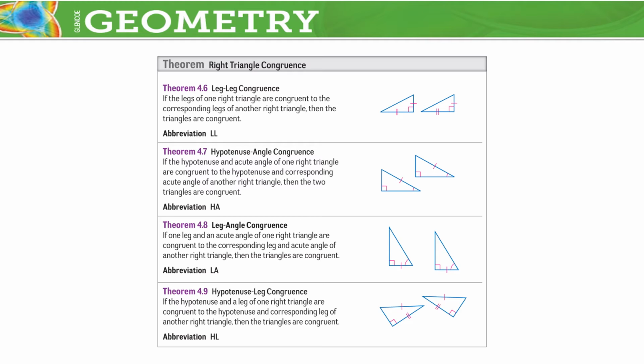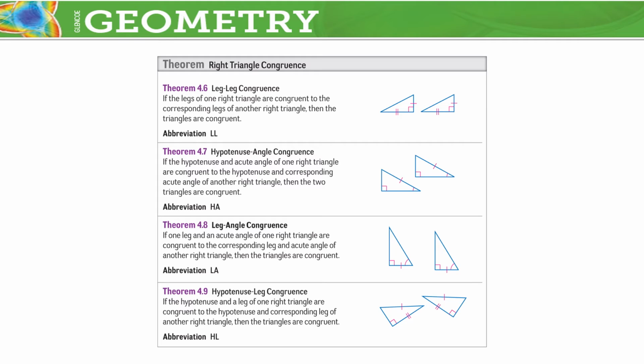Another way, HA. H for hypotenuse and A for any angle except the right angle, because we have two right triangles, so it's clear right equals right. Now if you have angle equal angle and two corresponding hypotenuses are congruent, two triangles will be congruent.